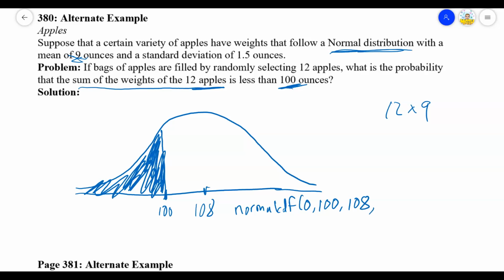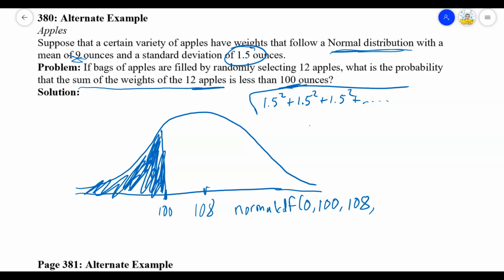What is going to be the standard deviation of 12 apples if the standard deviation for one apple is 1.5 ounces? So same rule, the variances add. So what would we do here? We could take 1.5 squared plus 1.5 squared plus 1.5 squared, 12 of them, and take the square root of that.